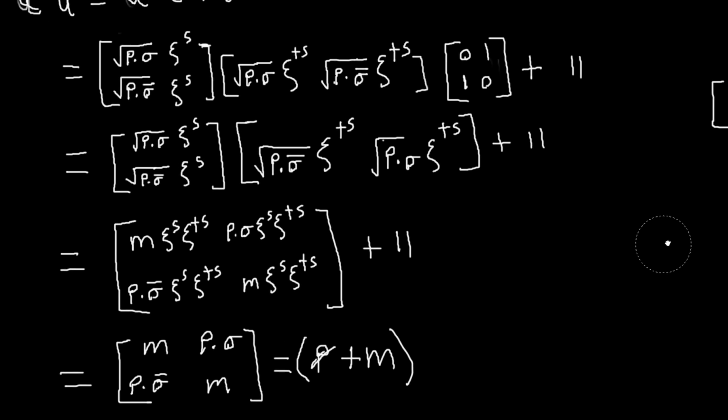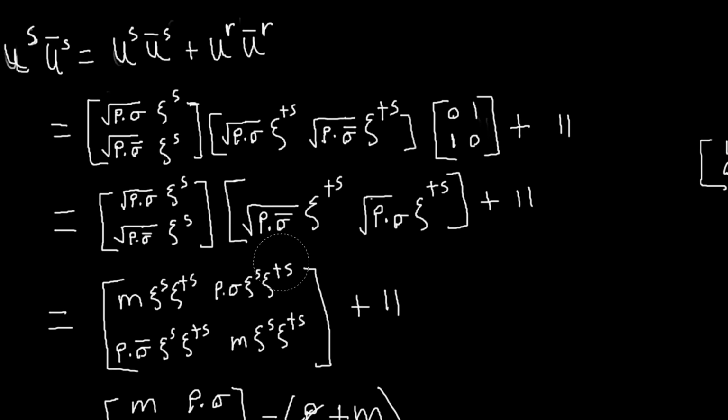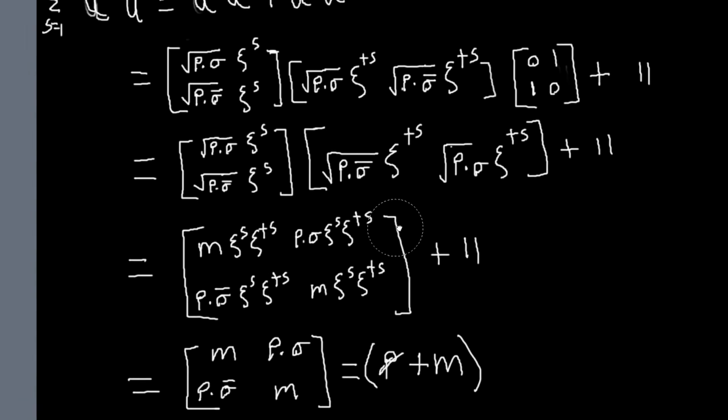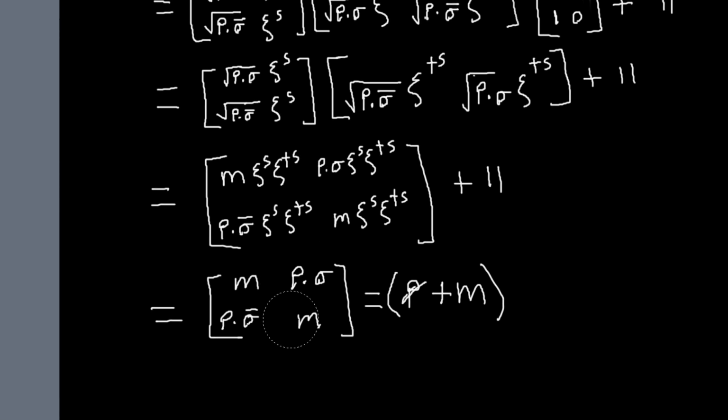So when I do the sum, I'll end up getting a 2x2 identity. Hopefully that's clear to see. I'll get the same kind of thing, with ξ^s ξ^s† plus ξ^r ξ^r†, and that will give me a 2x2 identity, and then I just suppress that, and so I end up with this kind of thing.